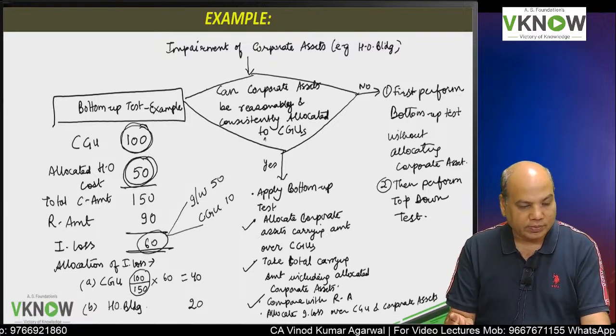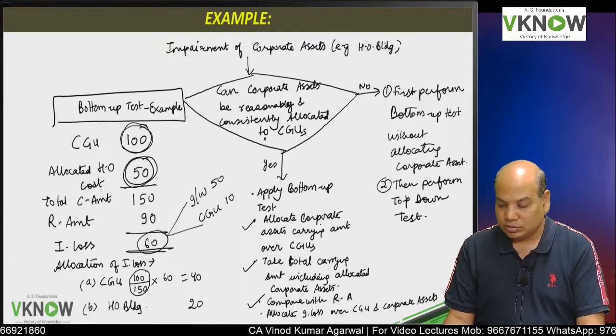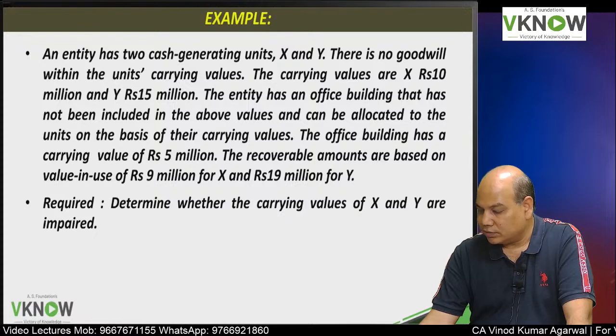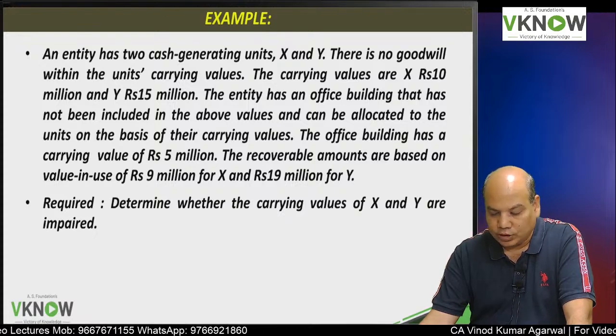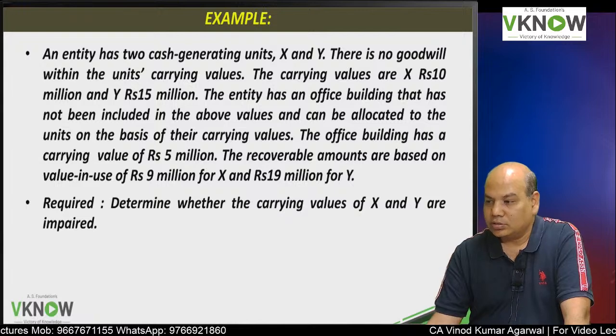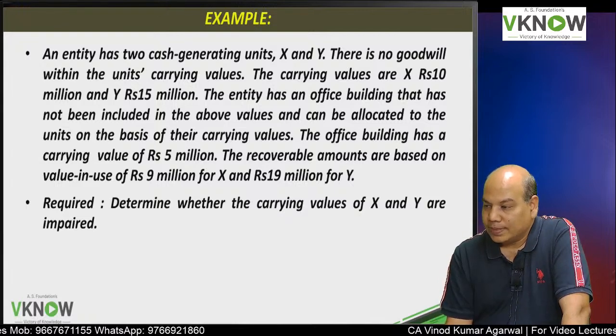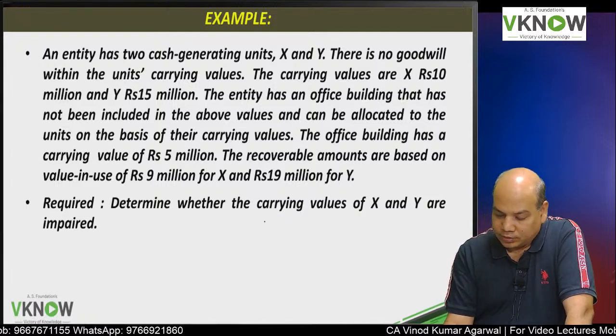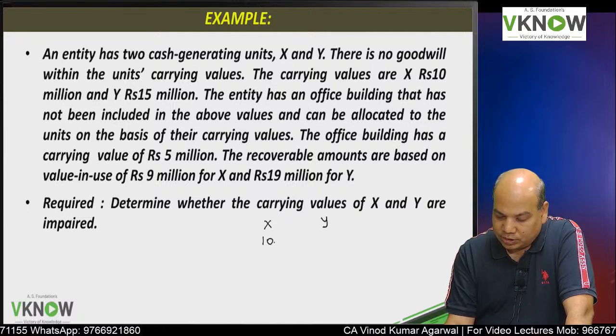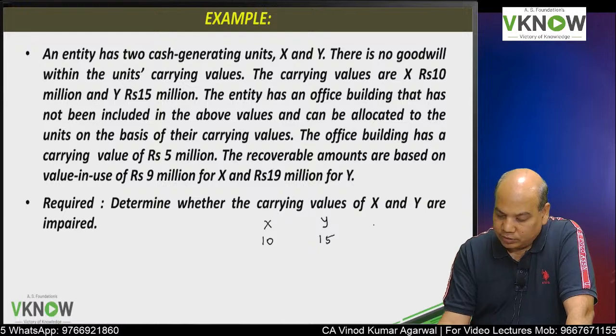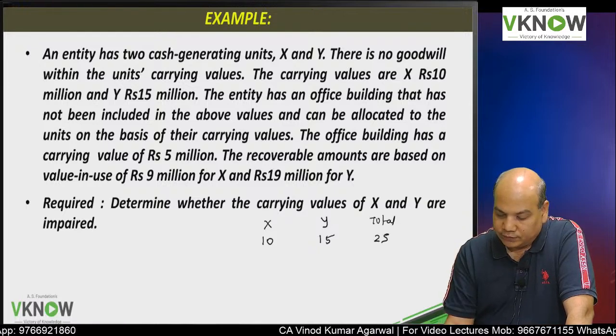We'll take a few examples. There are cash generating units X and Y, and there is no goodwill within the carrying values. The carrying values are: unit X is 10 million, unit Y is 15 million, so the total is 25.